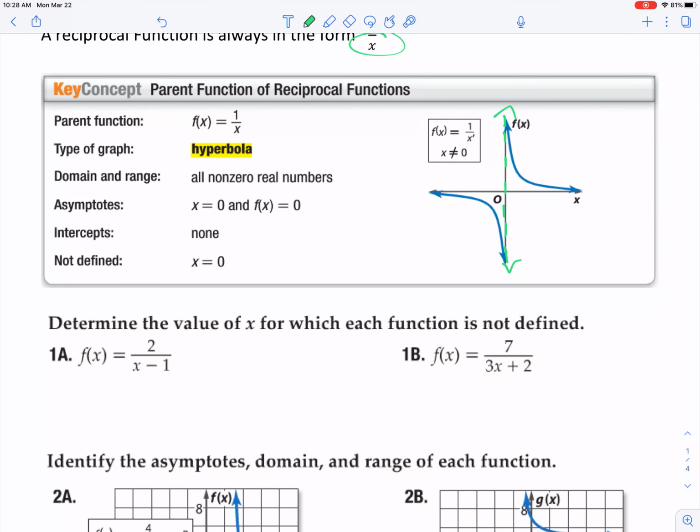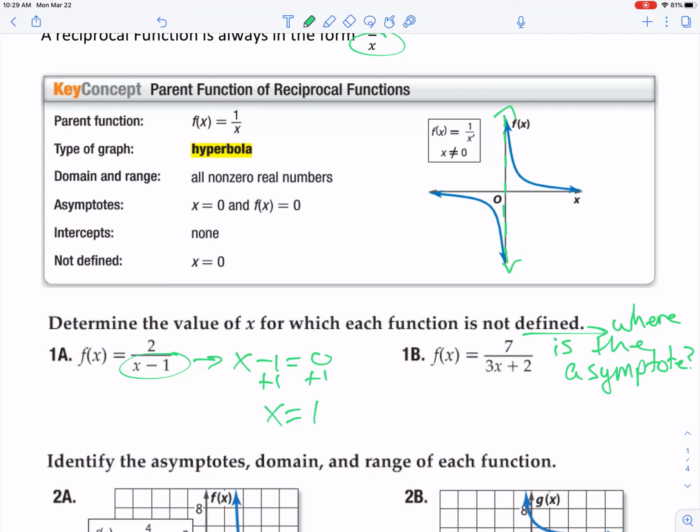Determine the value for which x for each function is not defined. What does that mean? Where is the asymptote? So, all you got to do is take this, set it equal to 0, and solve.